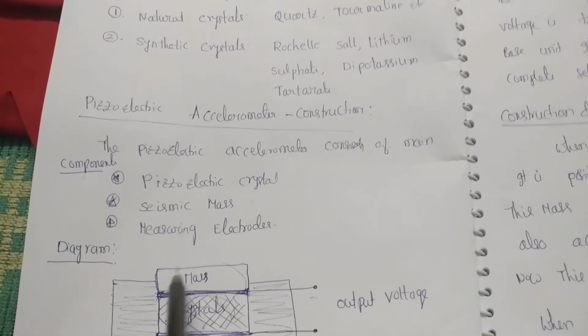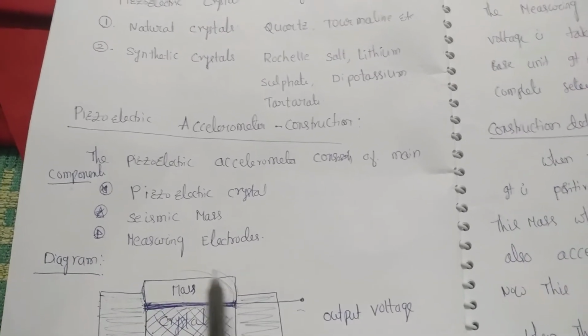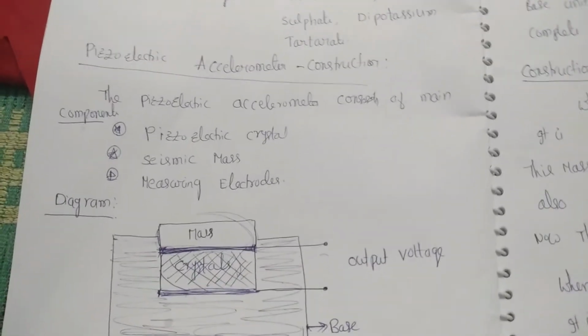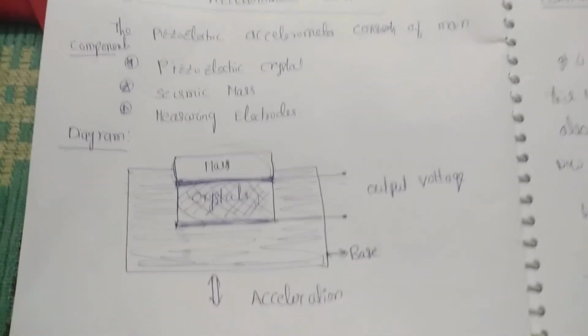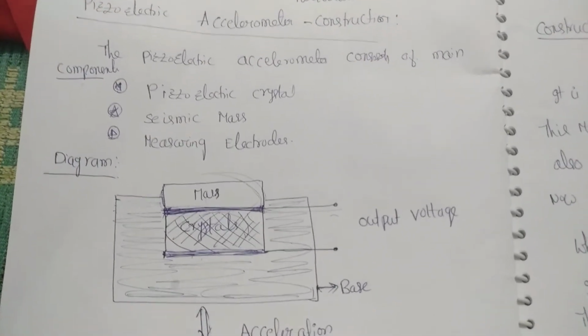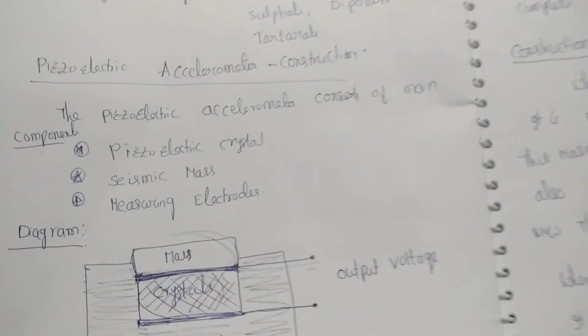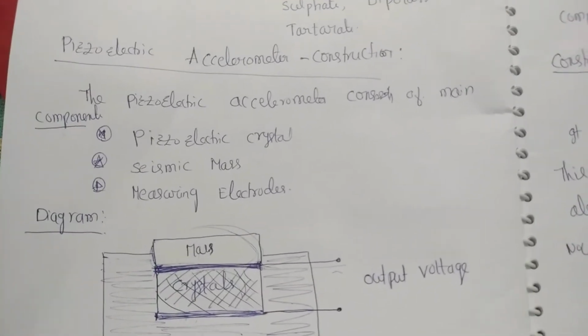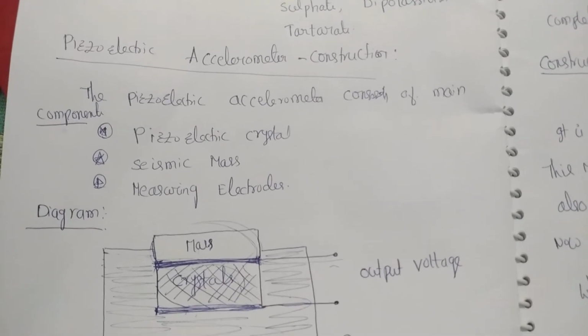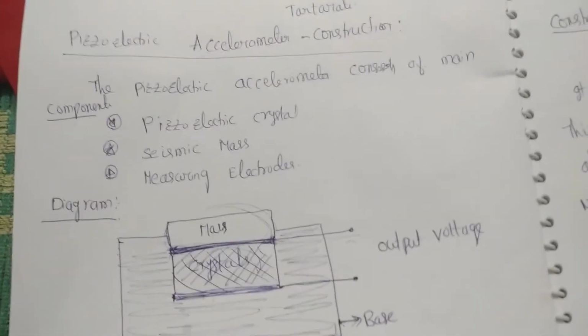Above the crystal, a known mass, the seismic mass, is arranged. The complete unit is placed on one base. The output voltage is taken across the electrodes when it is subjected to acceleration. In the design of the piezoelectric accelerometer, it consists of mainly three components.